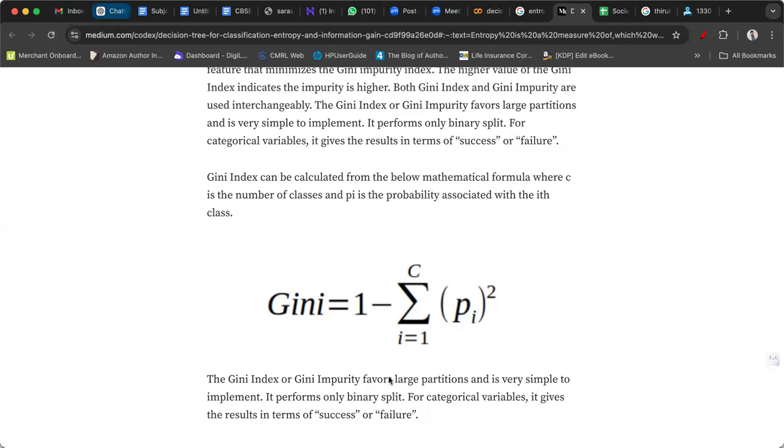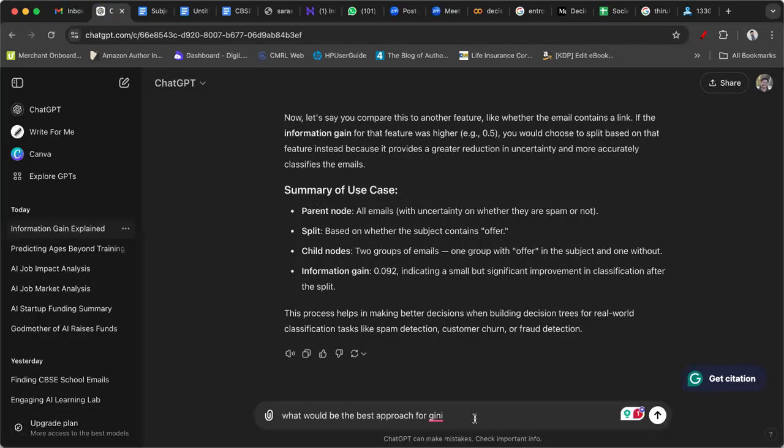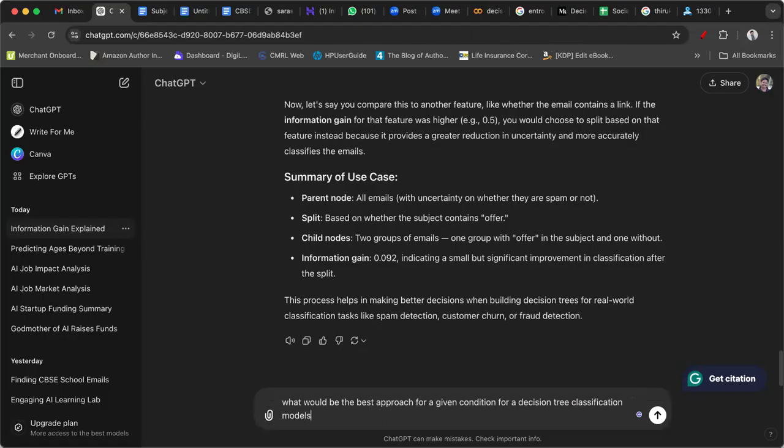Let me first ask: what would be the best approach for a given condition for a decision tree classification model?